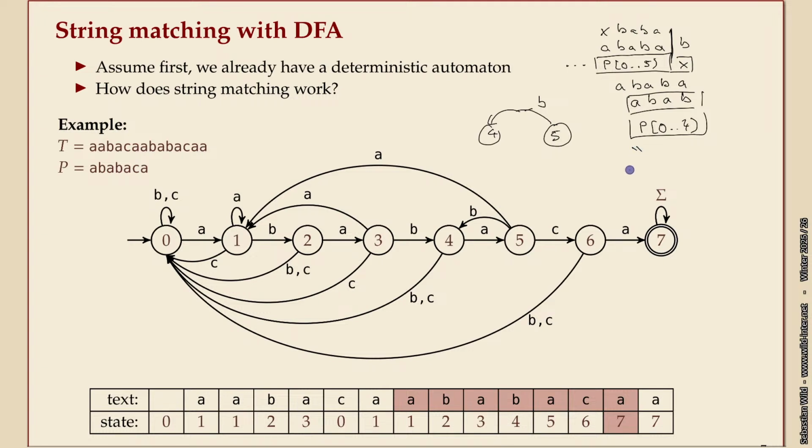That's also reading in the automaton from state 0 with the same pattern, P1 up to 5, followed by a B. And P1 means I'm leaving off the first character. And so what I mean by this delta here is just you start at state 0 and then you consecutively read these characters and follow the transitions.